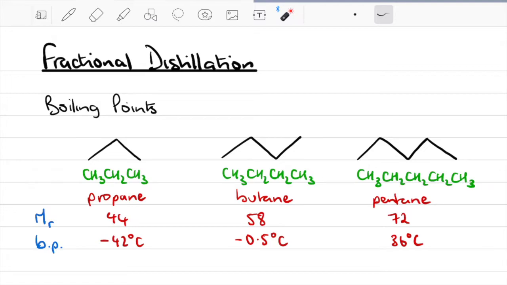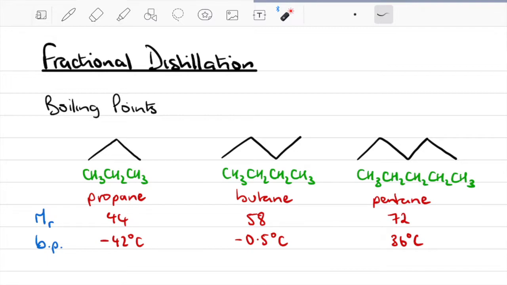And when we're changing state with molecular substances like these, those change of state temperatures are telling us how strong or how weak the forces of attraction are between the molecules.